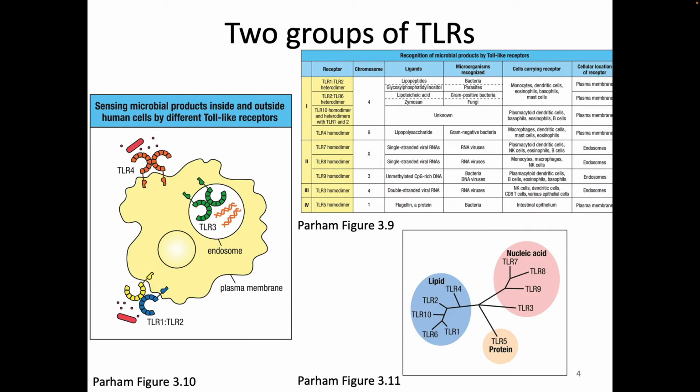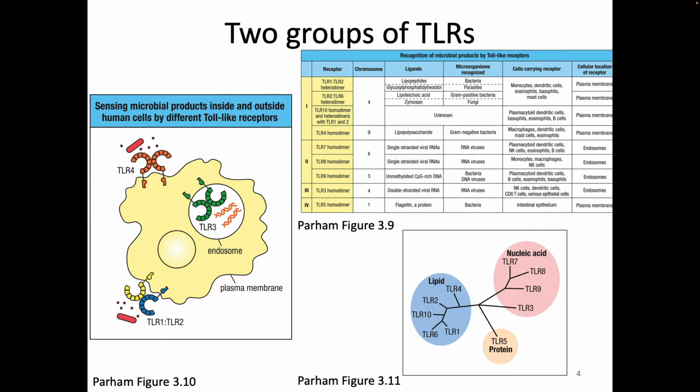When we think about TLRs, we can divide them into two major groups. We now know of about 13 TLRs in human, with slightly different numbers in other organisms.